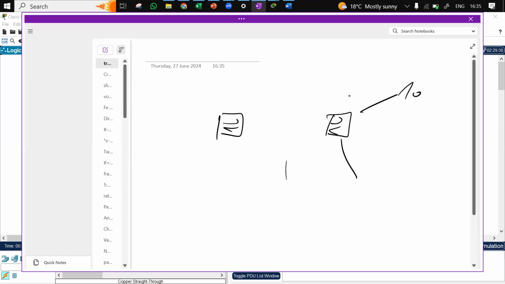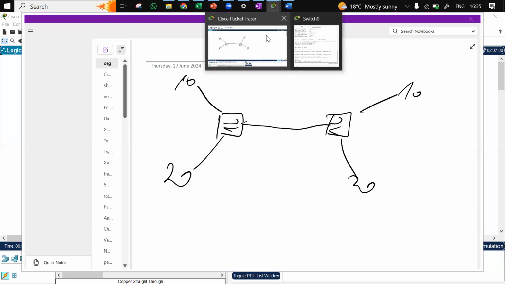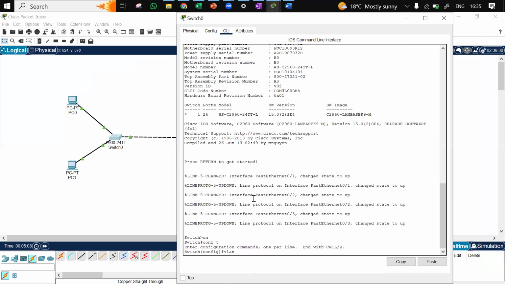So VLAN 10, VLAN 20. On that network, I get something like this. So I create and name my VLANs.